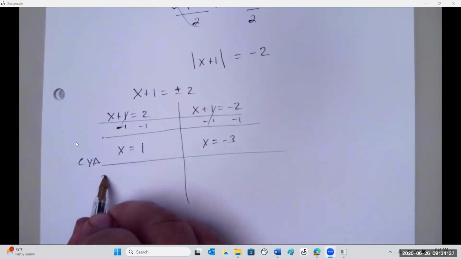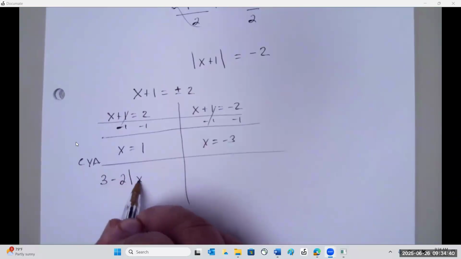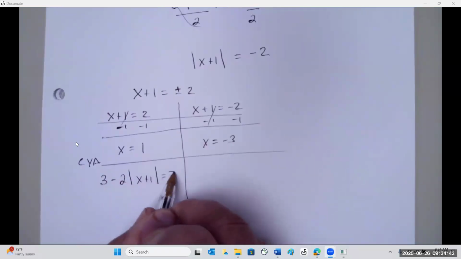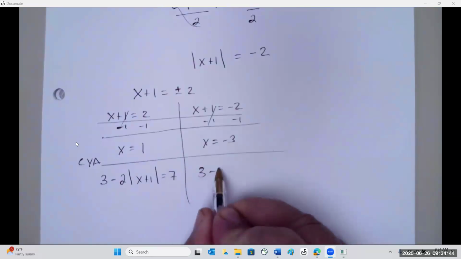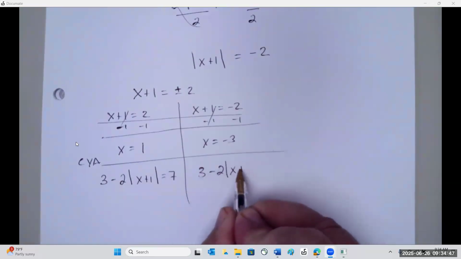So let's write down the question. This is the original question, because now we're going to change the values of x.